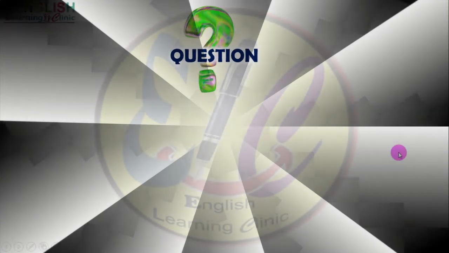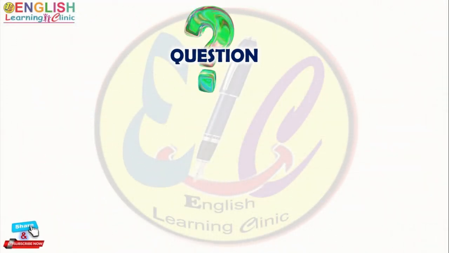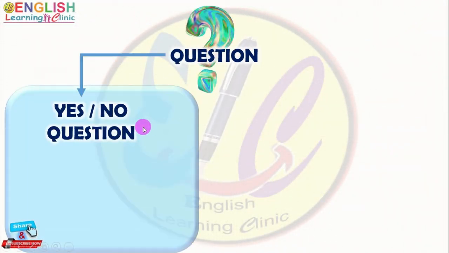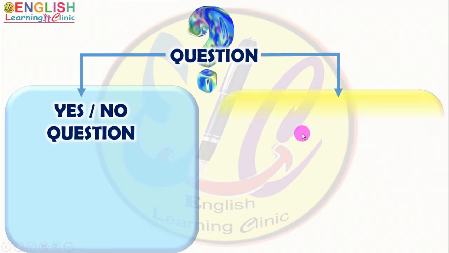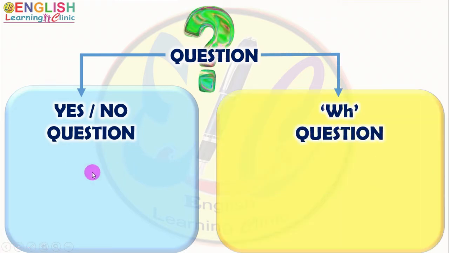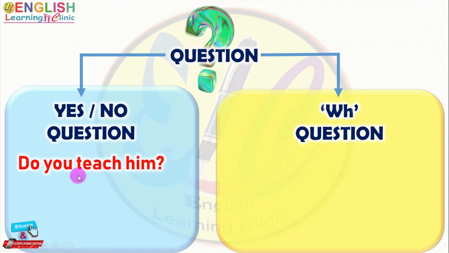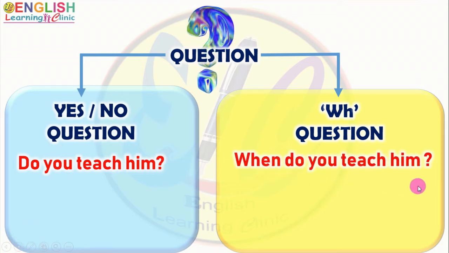Question. There are two types of questions. One is yes-no question and another is WH question. Here there are two sentences. Do you teach him? Another, when do you teach him? If anyone asks you this type of question, do you teach him?